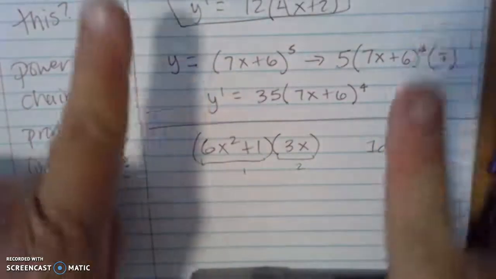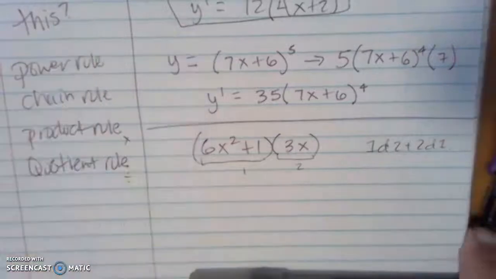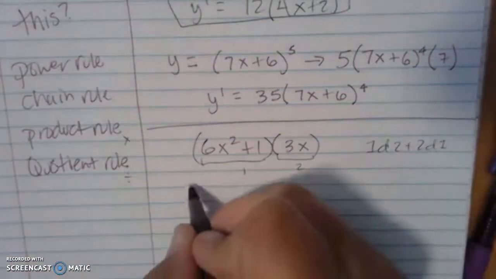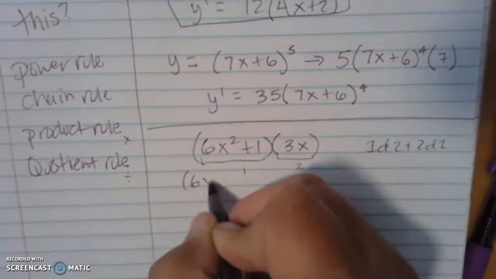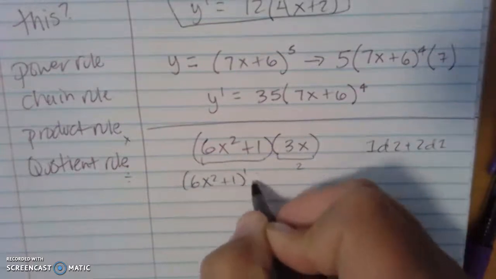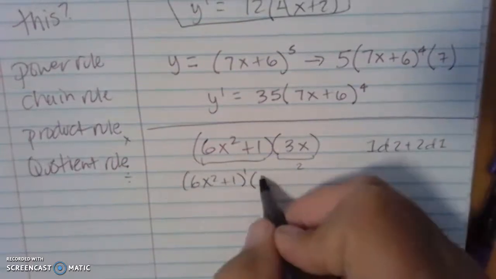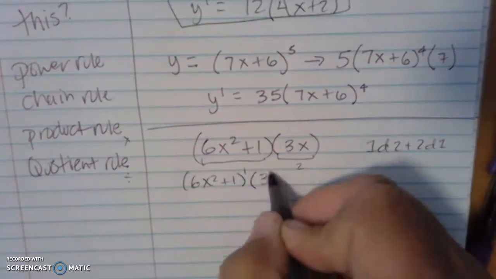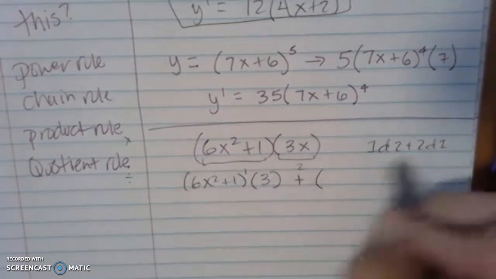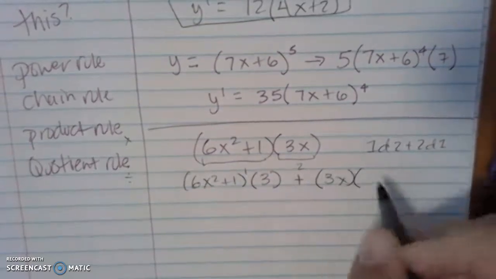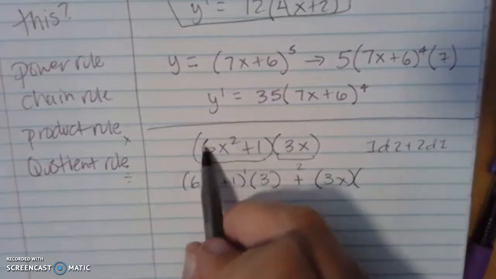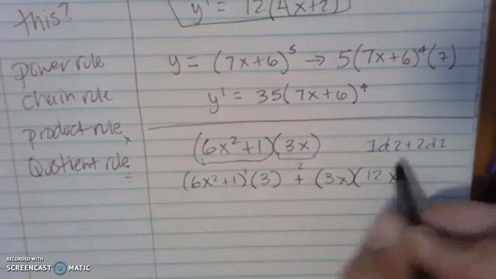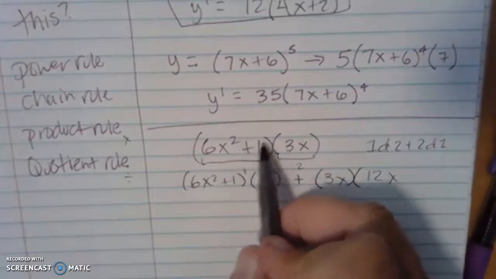Notice if I do the little power dance, my 1's are on the outside. So the first term, 6x squared plus 1, times the derivative of the second term, which is just 3, plus the second term, 3x, times the derivative of the first term. We take this 2, multiply it here, 12x; 2 minus 1 is 1, that's a constant.